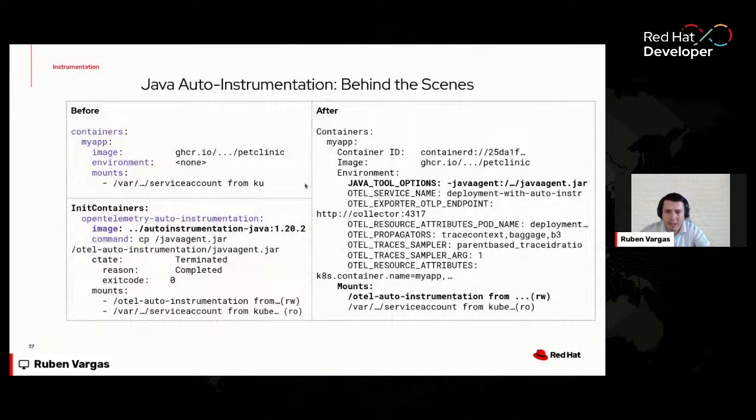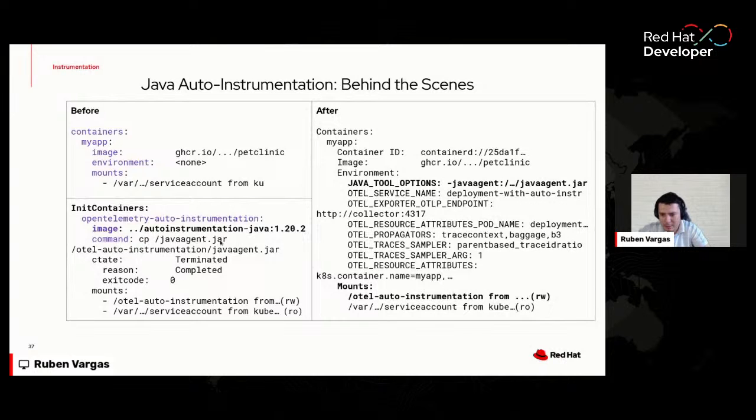This is how it looks in YAML. We have these containers in the pod, regular, with environment variables, the mounts, and the image of the application. Once the mutation webhook mutates this pod, because the operator sees that it has the annotation, it will add this init container.